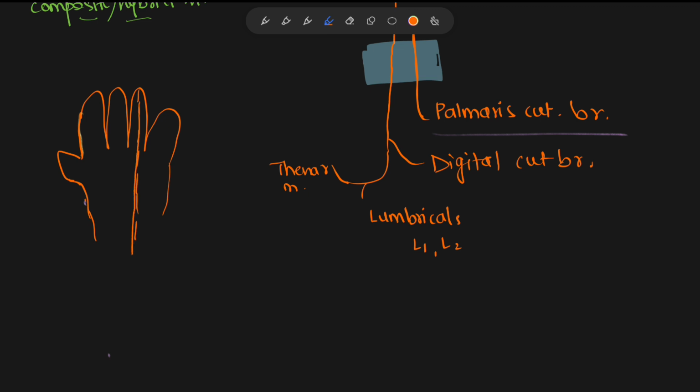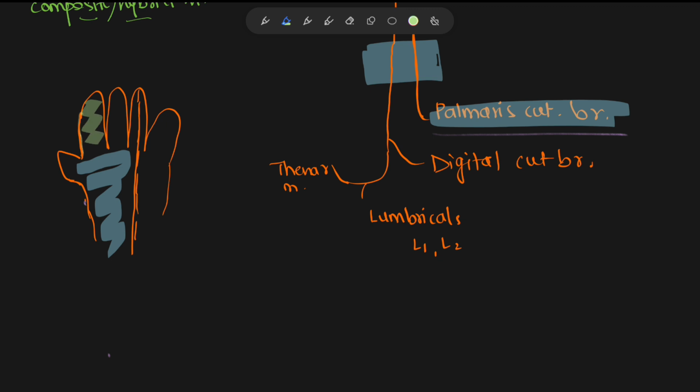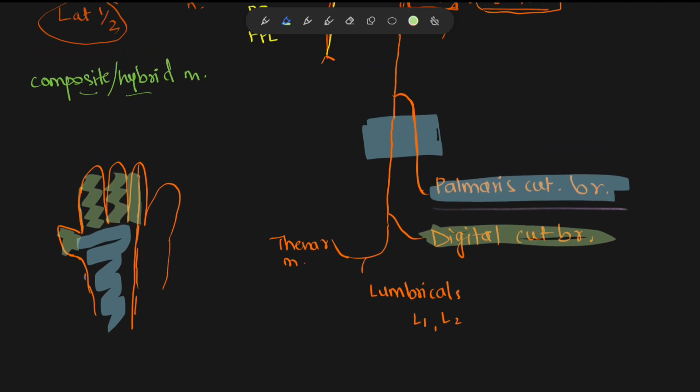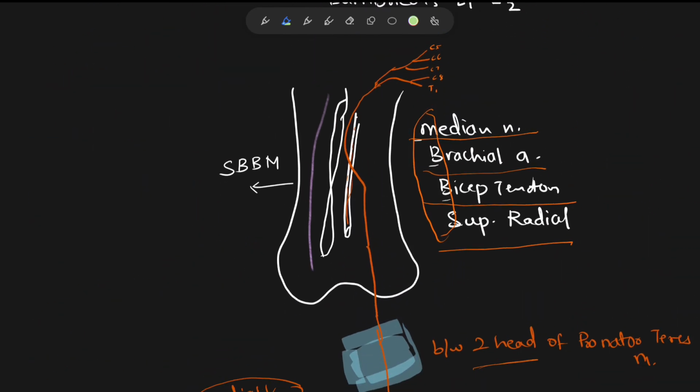This is by the radial nerve, and in that this portion is the palmar cutaneous branch, and the rest, half over here and our first finger, is by the digital cutaneous branch. So, understood the pathway and origin of the median nerve.